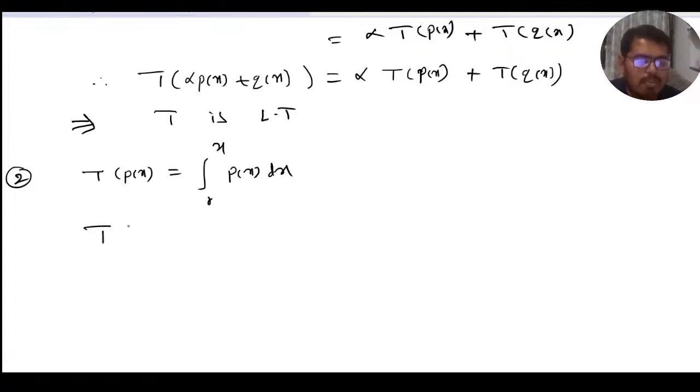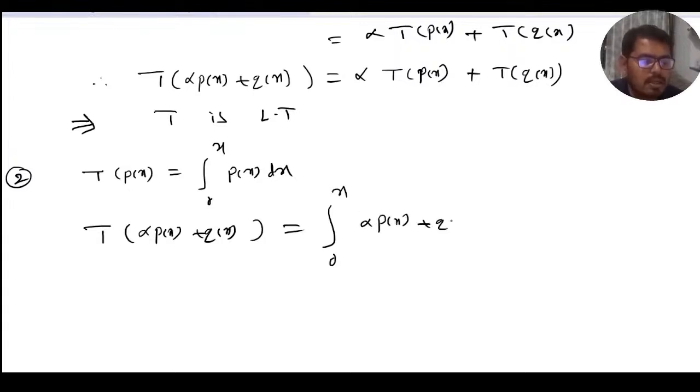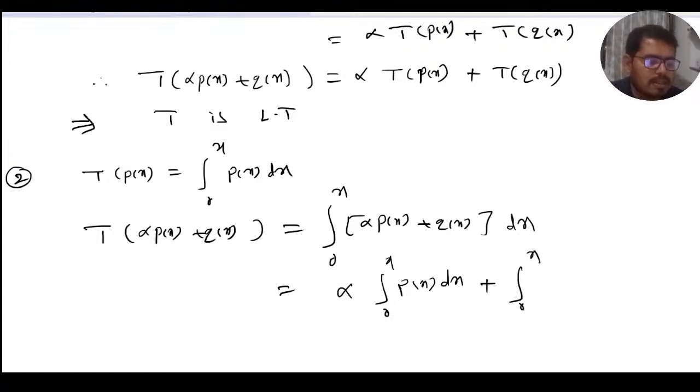Again we apply T of alpha p of x plus q of x, which is equal to the integration from 0 to x of alpha p of x plus q of x dx. Alpha is a scalar, a constant, so take it outside the integration: alpha times integration of p of x dx plus integration from 0 to x of q of x dx.